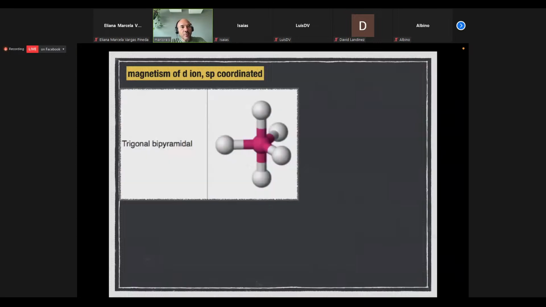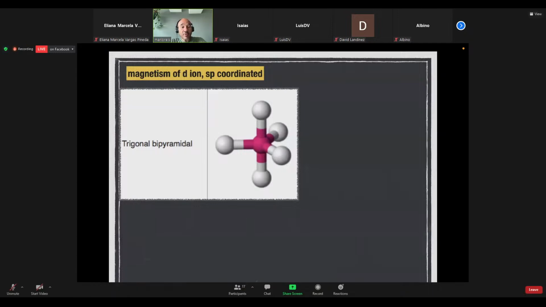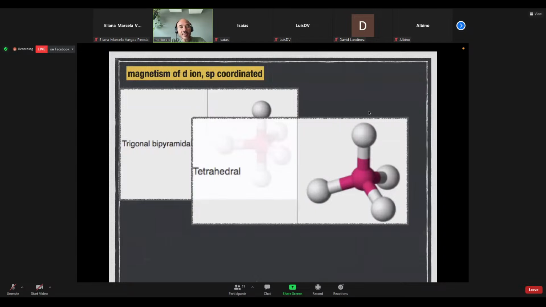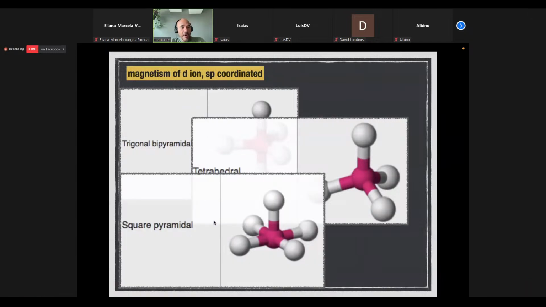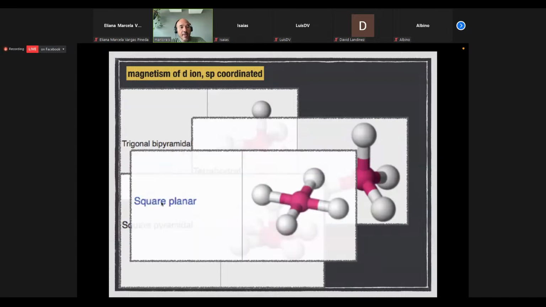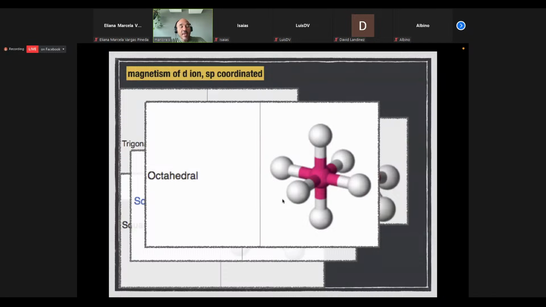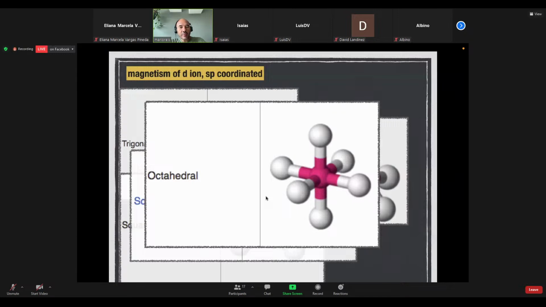There are several coordinations that can appear for these metal complexes, like this one here on your screen. These are other kinds of coordination: square pyramidal, like this one, square planar, like this one, and the octahedral coordination, that's very important, including the discussion I will place for you in the second half of this talk.